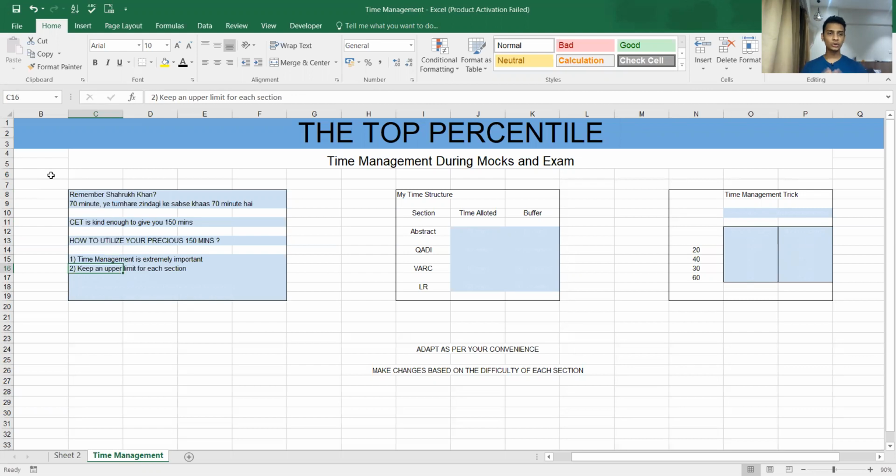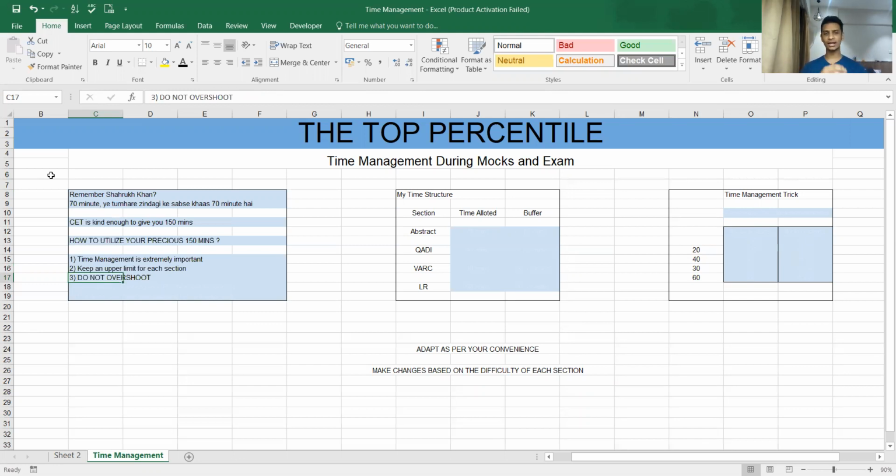Well, you need to keep an upper limit for each section. Let's say LR, QA, DI, VARC, abstract reasoning. For each of these sections, you need to have an upper limit beyond which you're not going to solve that, right? You cannot at all overshoot your time.